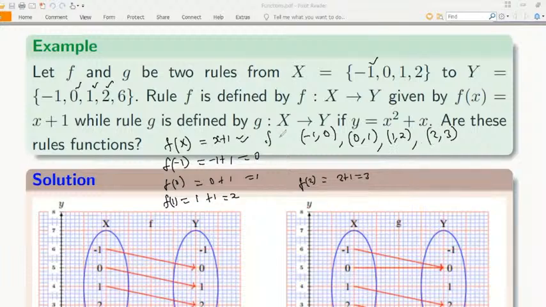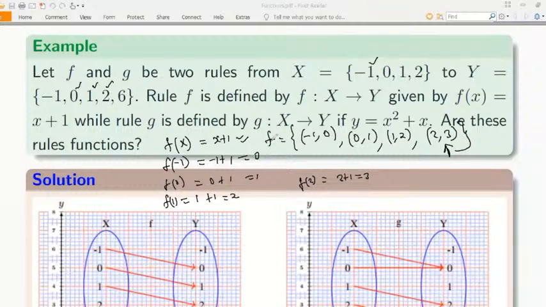This is the other way we can write that f assigns element -1 to 0, assigns element 0 to 1. But 3 is not in Y. What we have in Y is 6.